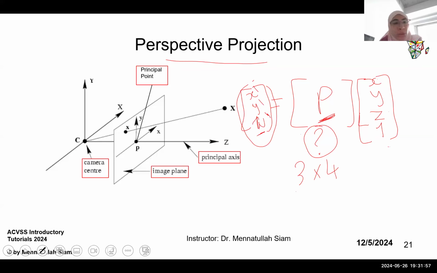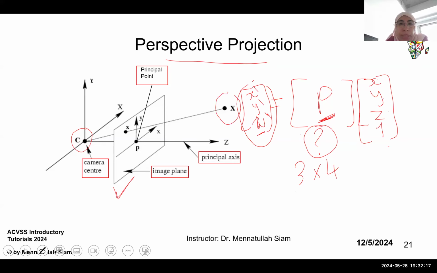For that, let's do a little refresher on the pinhole model, because we will start with this one. I'm showing you here a camera. The location of the camera I'm going to call the camera center. I have my image plane, which is where the image is going to be projected.